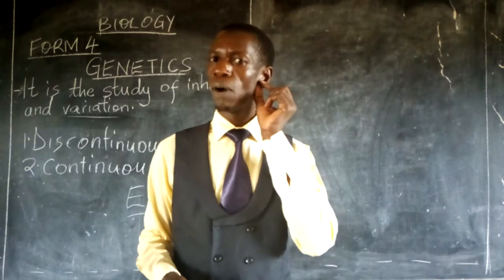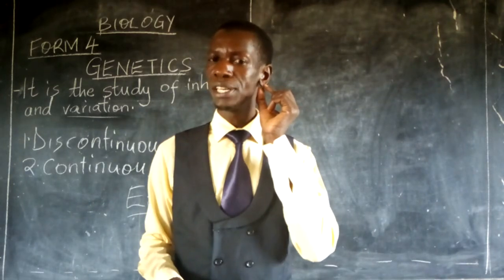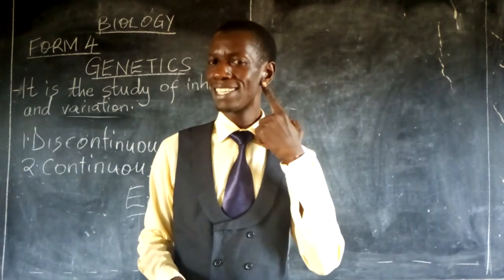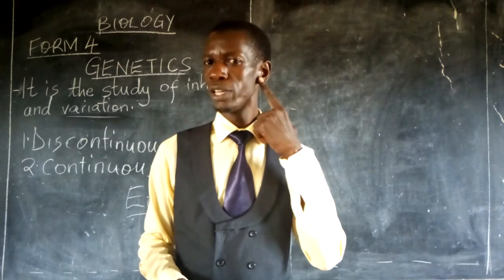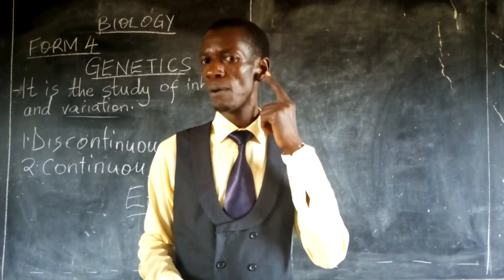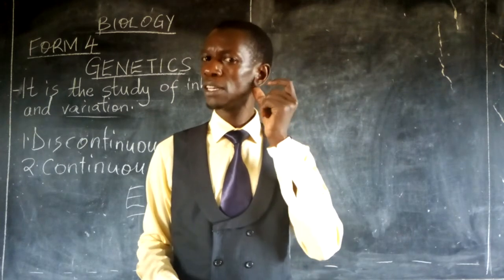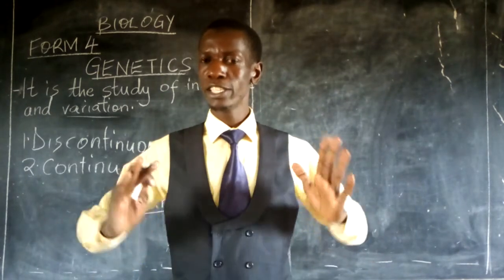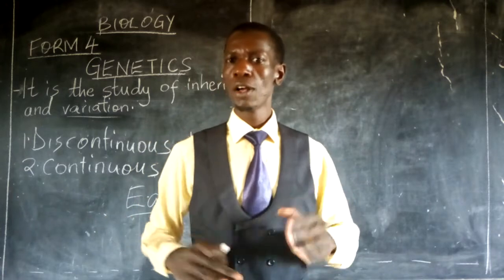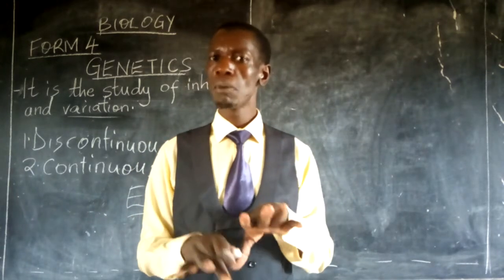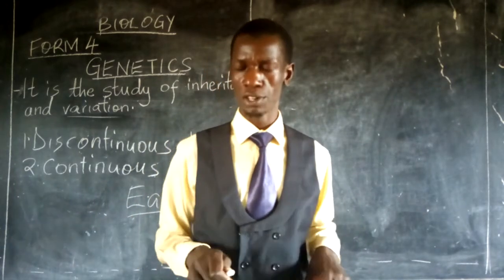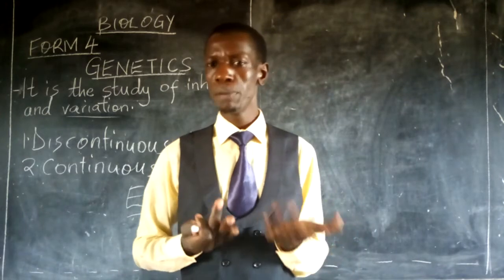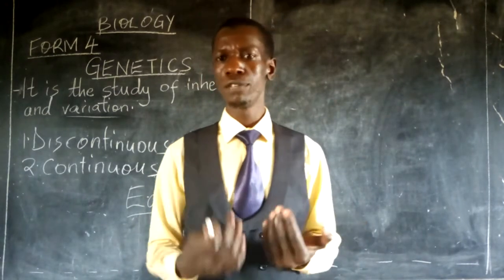One may be having an ear pinna that is fully attached to the cheek, while another may be having one that is free, like mine over here. The one that is free and it's not attached to the cheek. So all the individuals must be falling between those 2 categories. You may not find an individual bearing an intermediate of the same.